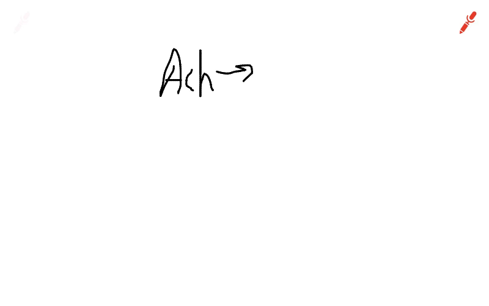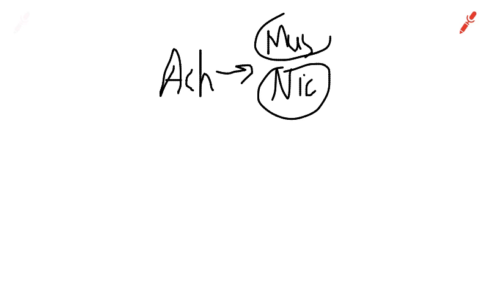Acetylcholine can react on either a muscarinic receptor or a nicotinic receptor. If it reacts on a nicotinic receptor, it has to be stimulatory. If it reacts on a muscarinic, it can be either or. The way I remember it easily is nicotine is a stimulant, because it speeds up your heart rate. That's how I think of it. So acetylcholine is stimulatory when it acts on nicotinic. Muscarinic, it's either stimulatory or inhibitory.